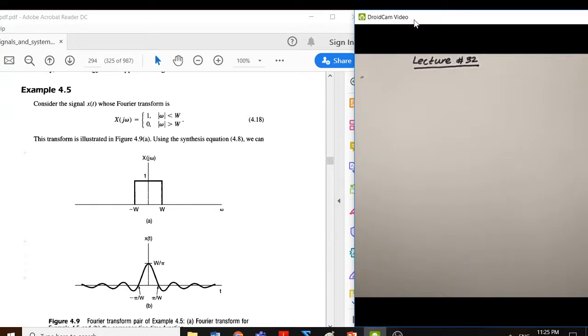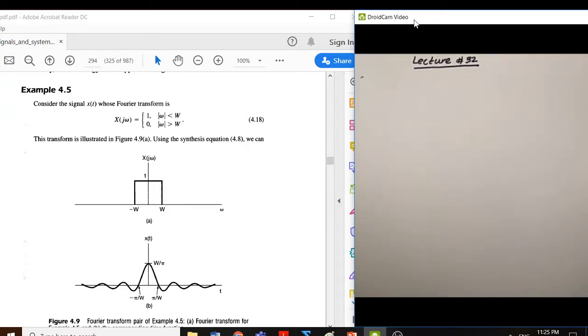Today we'll start by determining the inverse Fourier transform of a function given X of j omega. We'll also see that the concept of Fourier transform can be extended to include the periodic signals as well, and hence we can say that Fourier transform is a unified approach to determine the frequency content of both an aperiodic and a periodic signal.